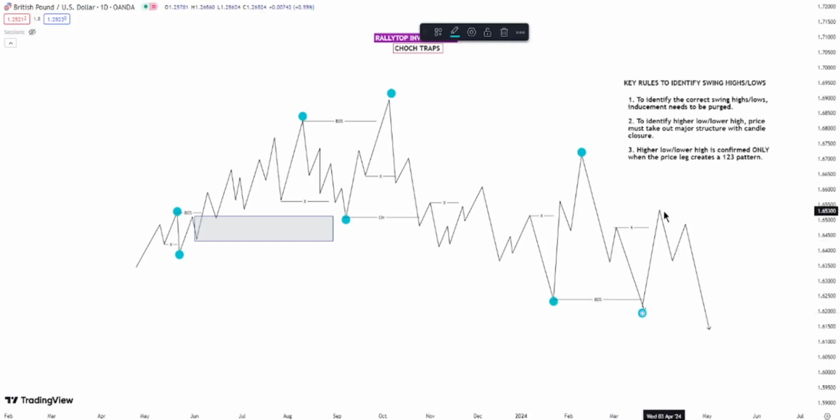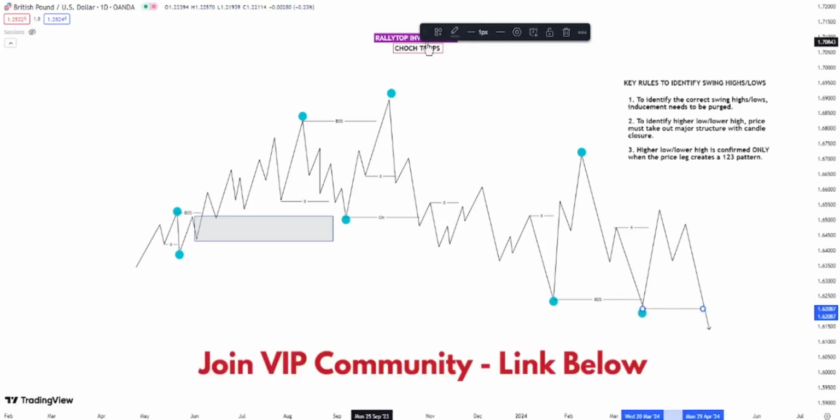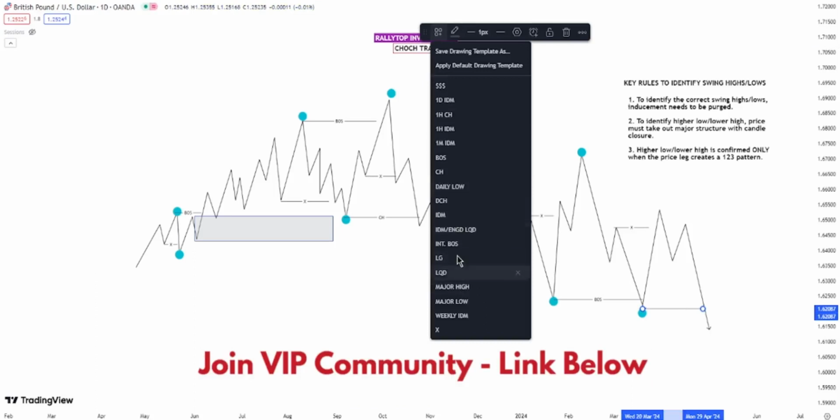Now, lower high cannot be confirmed until it meets rules number 2 and 3. Rule number 2 says to identify higher low or lower high, price must take out major structure with candle closure. Did it happen here? Yes, it took it out with candle closure, and that will become a break of structure.